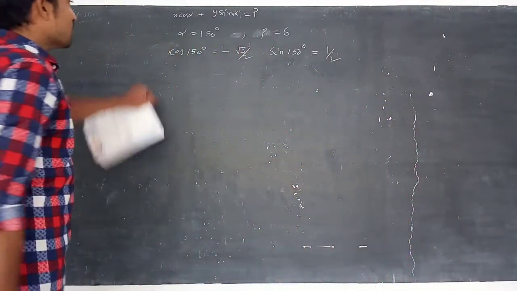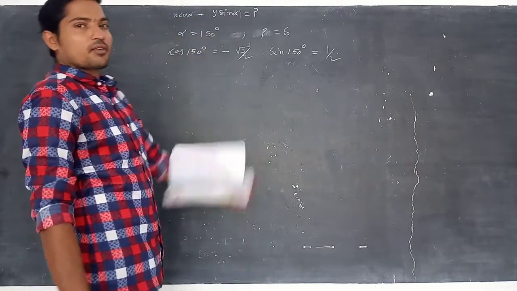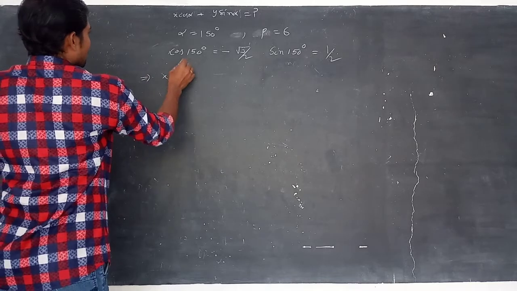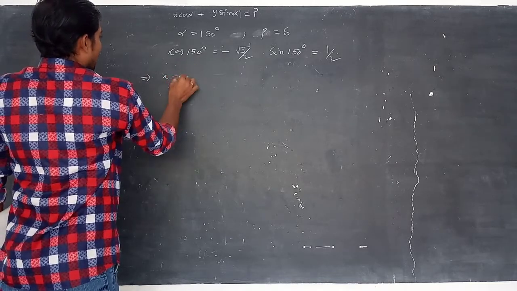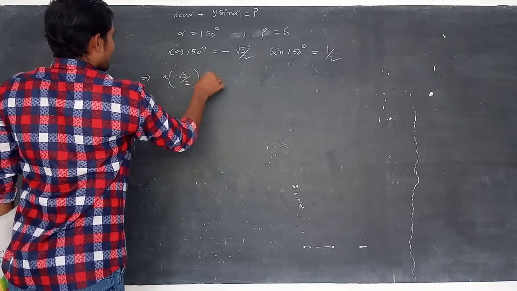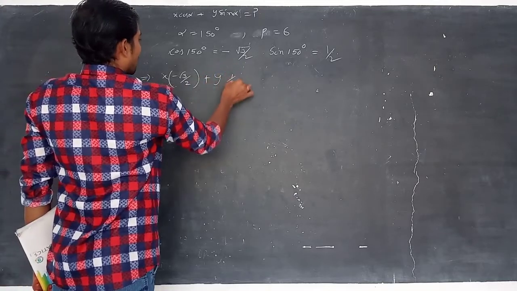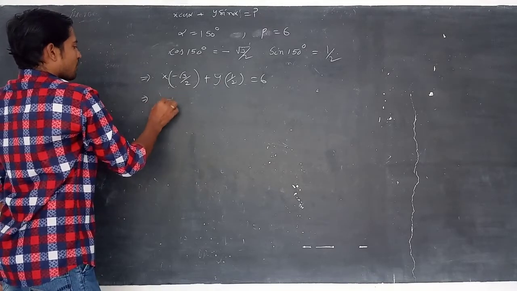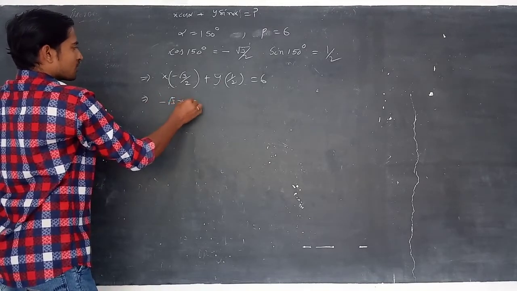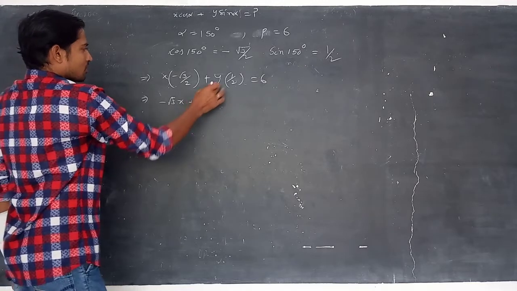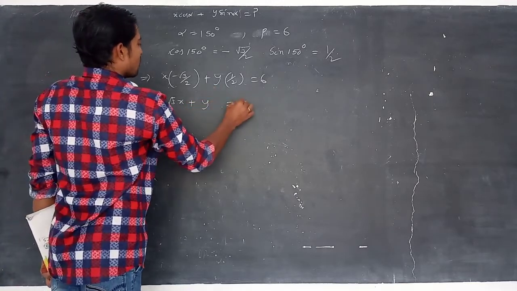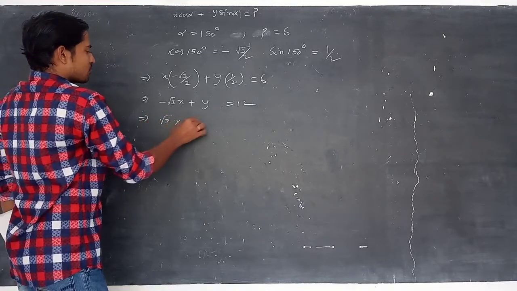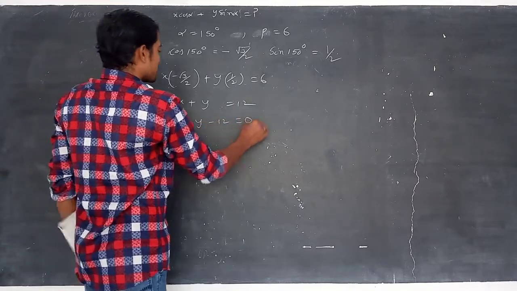So the required form is x cos alpha plus y sin alpha equal to p. Then minus root 3 by 2 x plus y times 1 by 2 equal to 6, which implies minus root 3x plus y equal to 12.